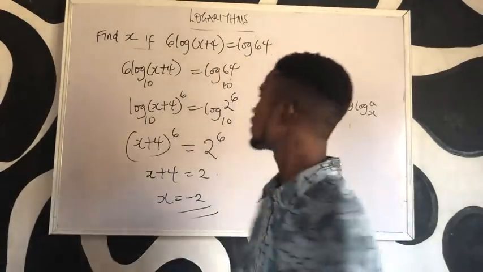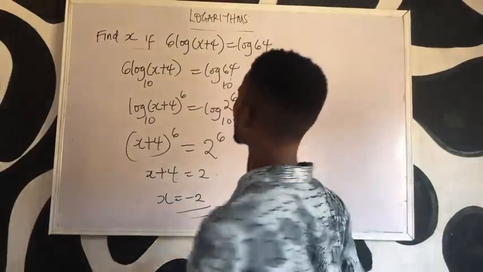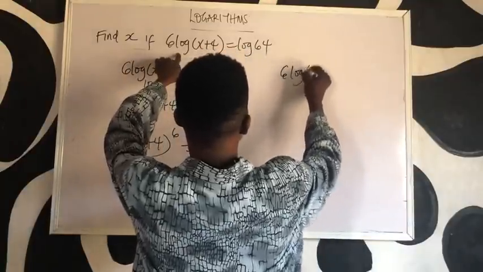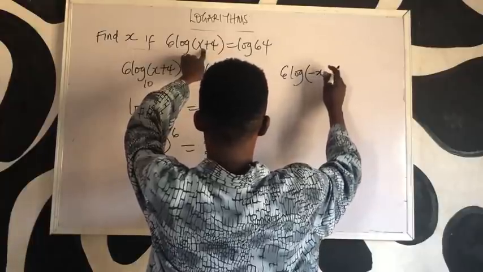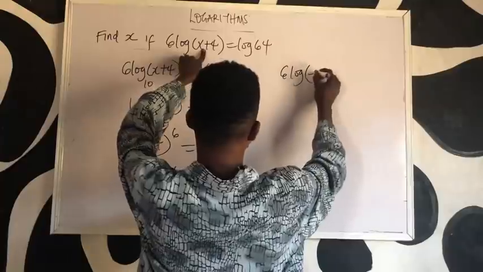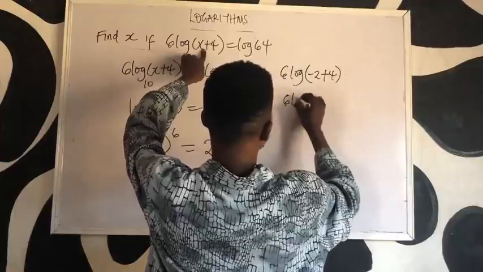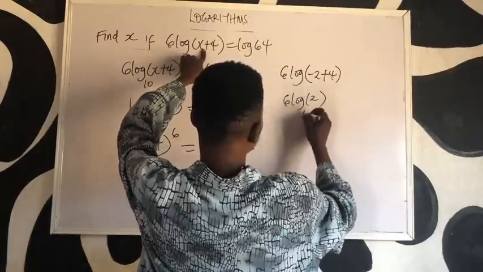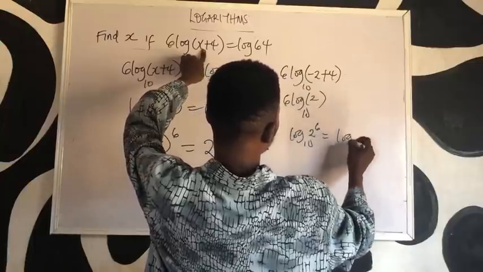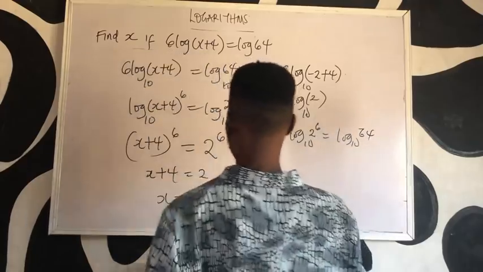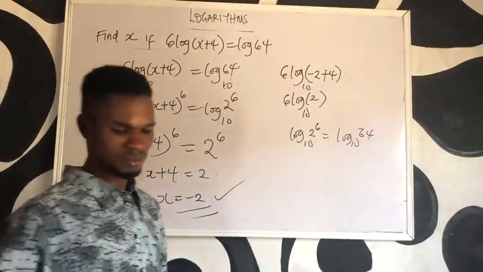Let's check if we are wrong or right. 6 log (x plus 4), where x is minus 2, minus 2 plus 4 gives 2. Reversing in base 10, 2 to the power 6 is 64. So x equal to minus 2 is the final answer to that.